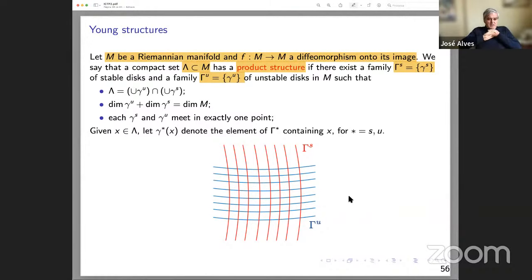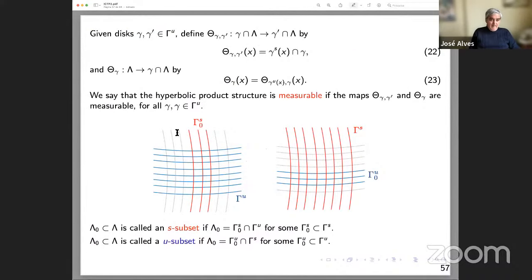Given a point x, we will use gamma s of x to denote the stable disk containing it, and gamma u for the unstable disk containing it. We'll use holonomies, which is what I introduce here, these theta transformations. Given two unstable disks, gamma and gamma prime, we can slide along the stable foliation from one to the other.